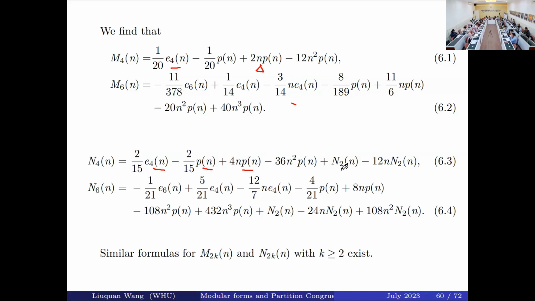So you also know the properties of M2(n). Then you can use all this information to get properties of M4(n) and M6(n), of course, also for m4(n) and m6(n).